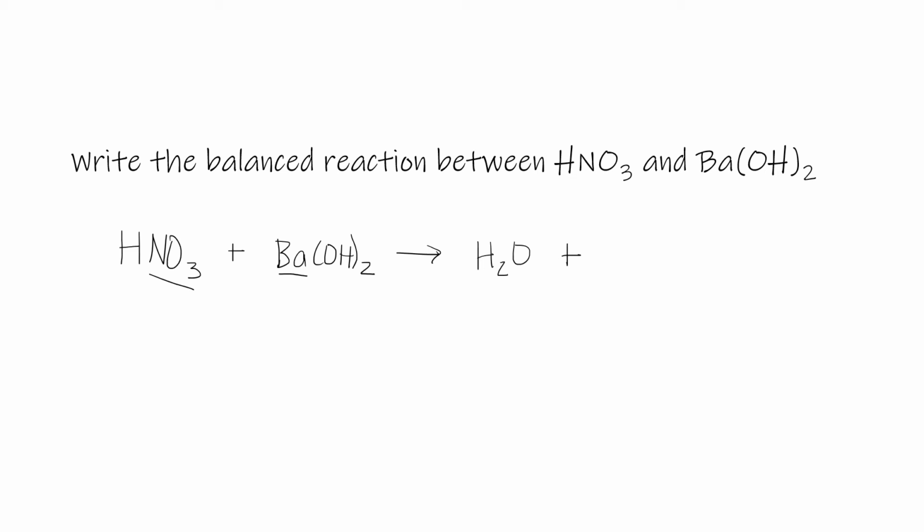And so over here, I will write our charges. So barium has a charge of 2+. Nitrate is one of our polyatomic ions, and it has a -1 charge. So that means that we're going to need 2 nitrates for every 1 barium. So we need to put our nitrate in parentheses with a 2 on the outside. So I'll add that as a product.